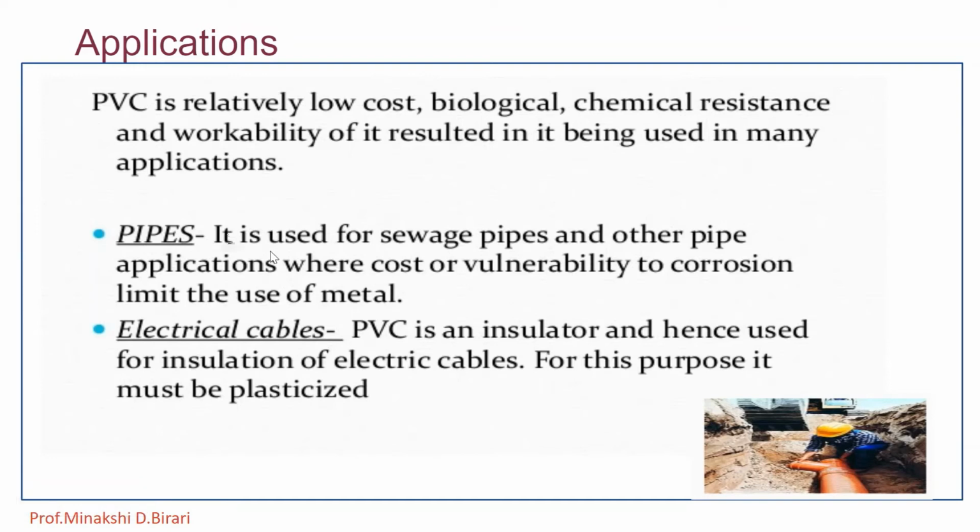It is used for sewage pipes and other pipe applications where cost or vulnerability to corrosion limit the use of metal. Also, PVC is an insulator and hence used for insulation of electric cables. For this purpose, it must be plasticized.